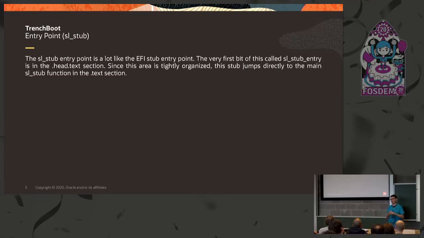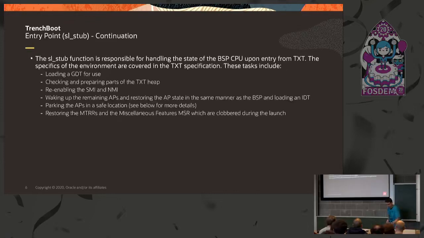Because this section is tightly organized, we have to do some minimal things and jump almost immediately to the SL stub function, which lives in the text section. The SL stub is responsible for all BSP CPU initialization.